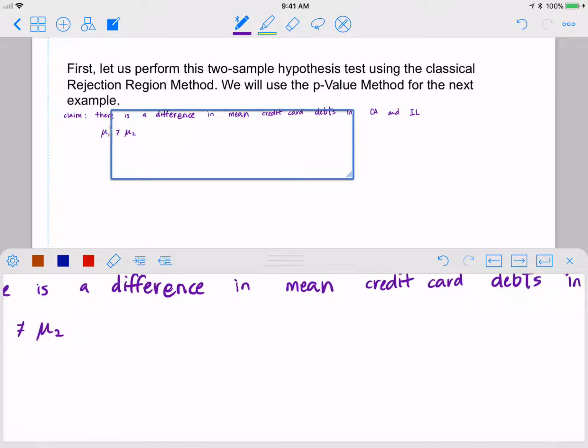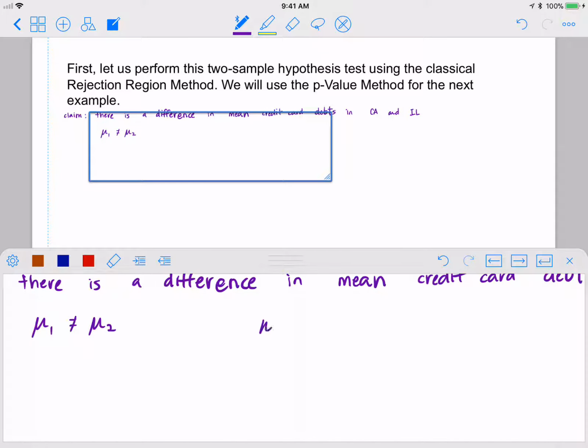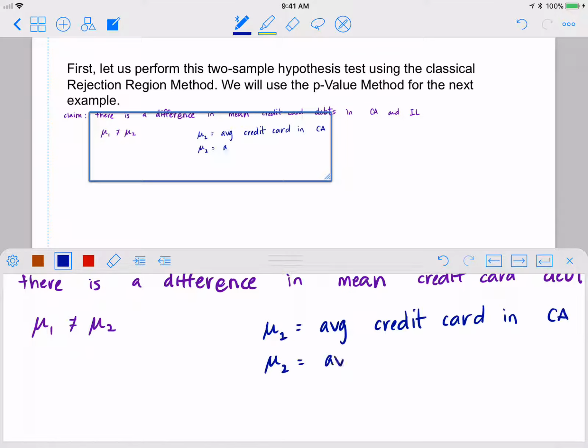Here mu1 corresponds to the average household credit card debt in California, and mu2 is the average credit card debt in Illinois.